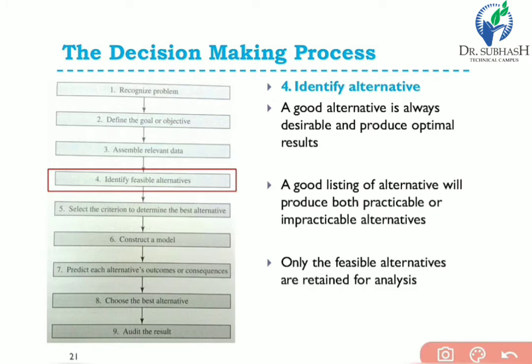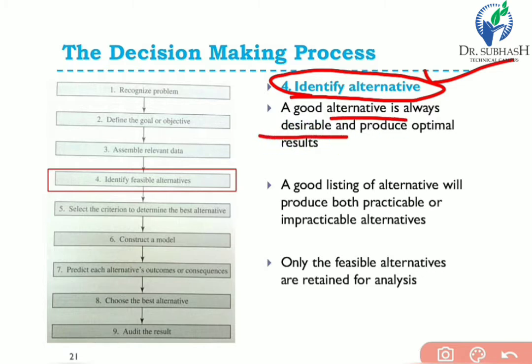Fourth step is identify alternatives. Identify alternatives means it is the process in which we identify how many types of solutions are available and then we select based on our criteria. A good alternative is always desirable and produces an optimal result.